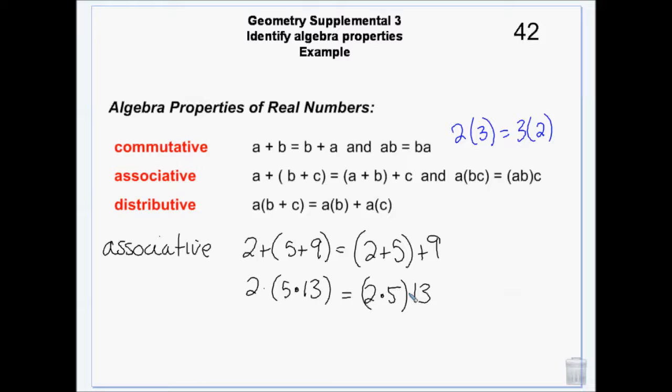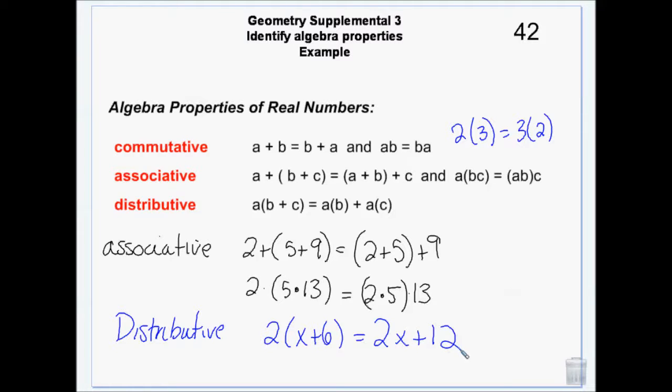And then the distributive property just tells me if I have something on the outside of the parentheses, I multiply it in. We use this a lot in algebra. So 2 times the x and then 2 times the 6.